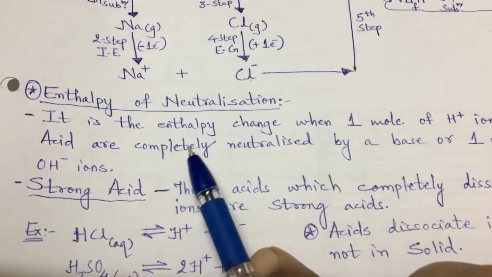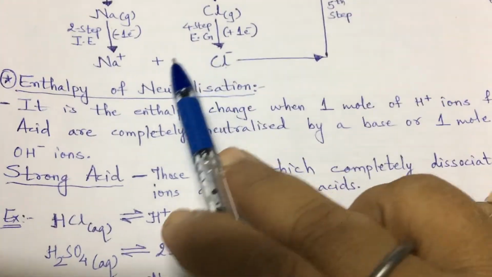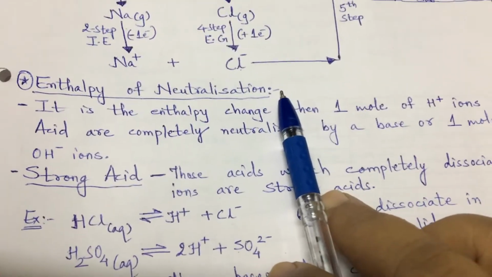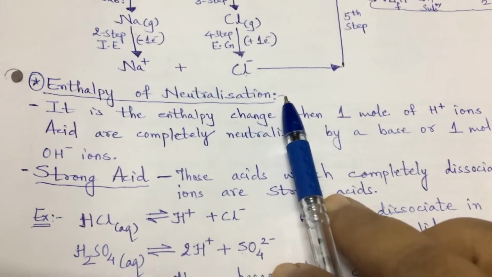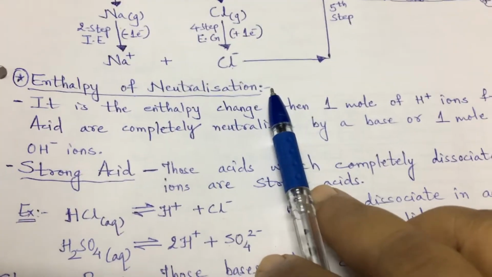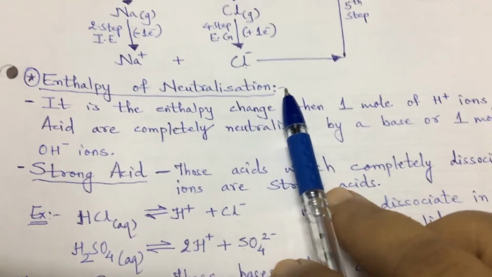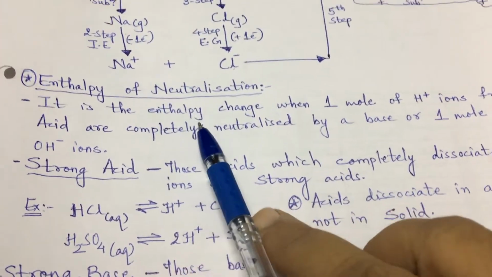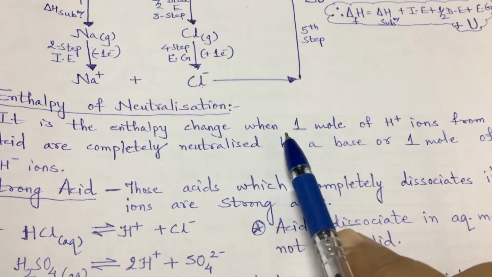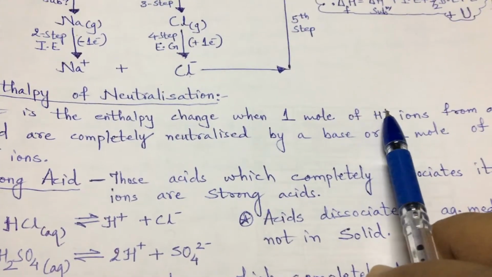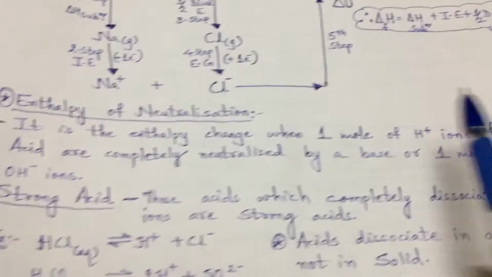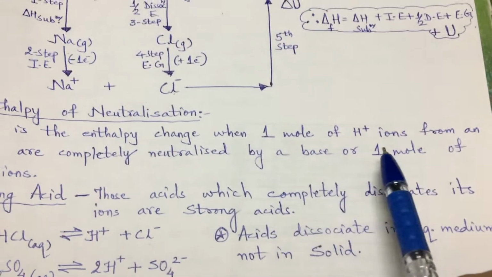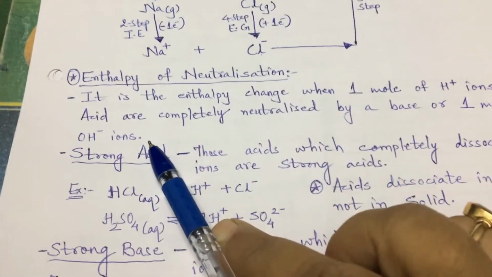And the next is enthalpy of neutralization. If we want to know what is neutralization, then when acid reacts with base, both will neutralize each other, and the reaction which takes place is called neutralization reaction. Neutralization enthalpy is the enthalpy change when 1 mole of hydrogen ion, H plus, from an acid is completely neutralized by a base, or we can say 1 mole of hydroxide ions.